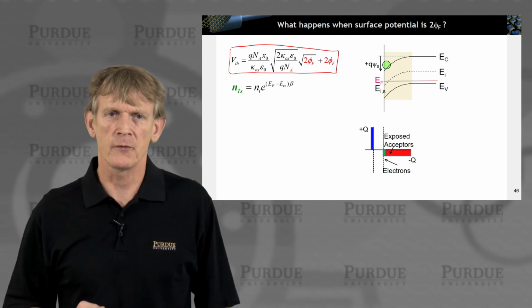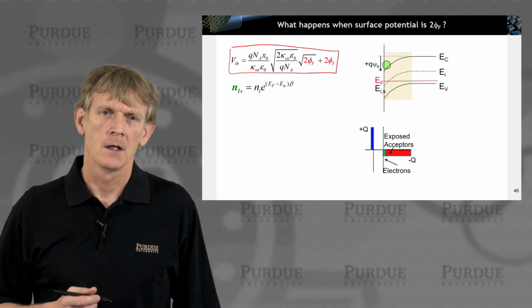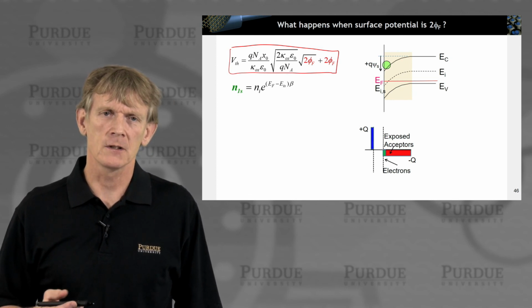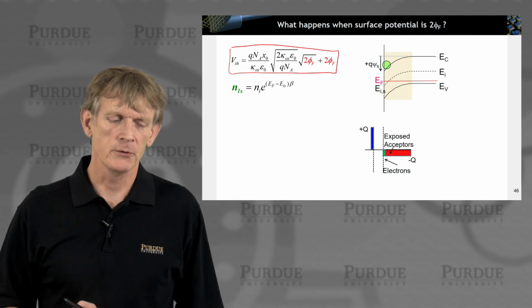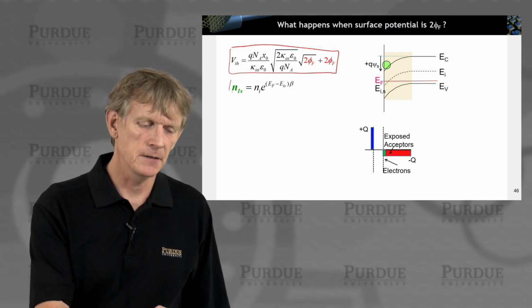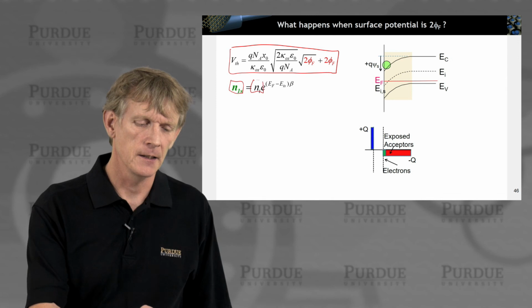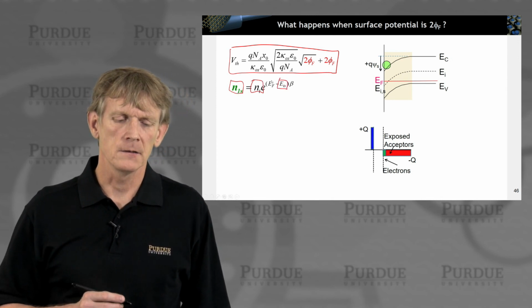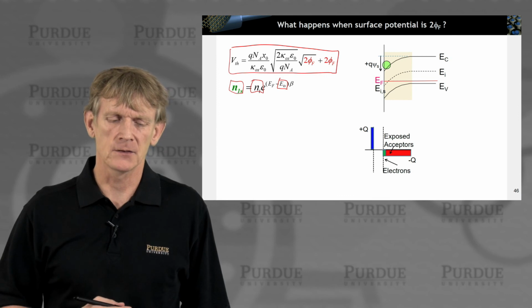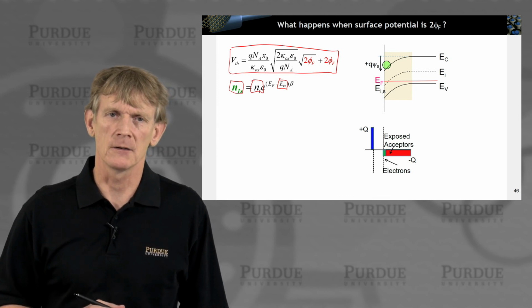We have done this before. We looked at the electron distribution when we calculated Shockley-Read-Hall distributions. We defined the number of electrons as Ni times the exponential of the intrinsic level at the surface minus the Fermi energy.